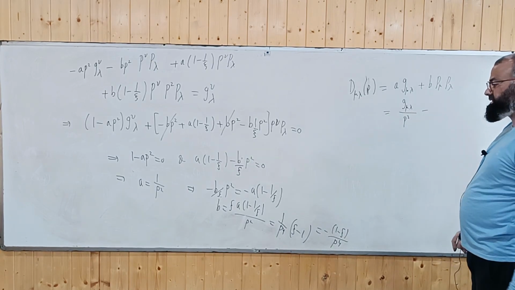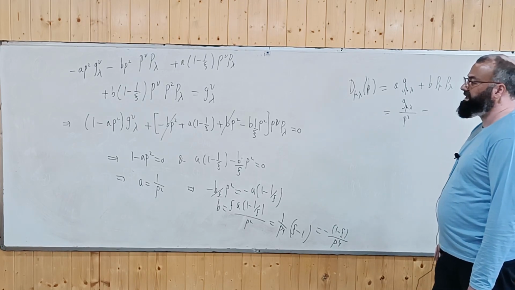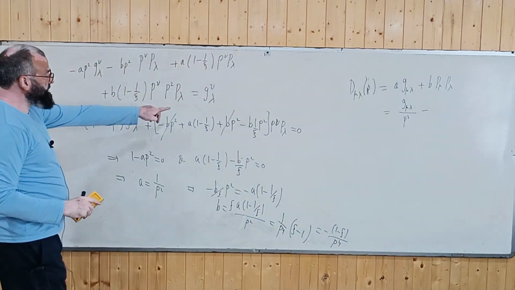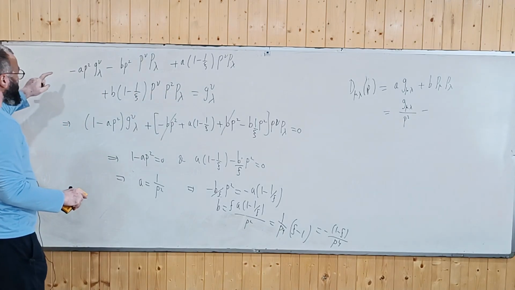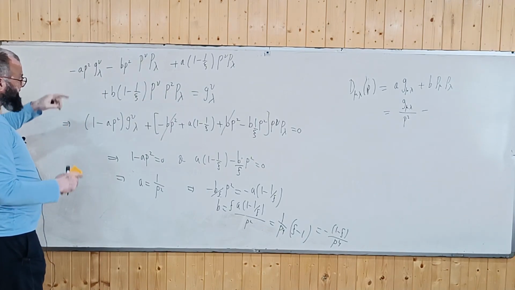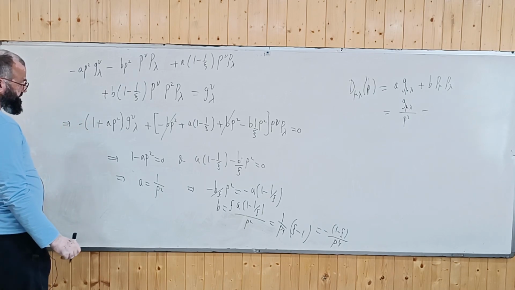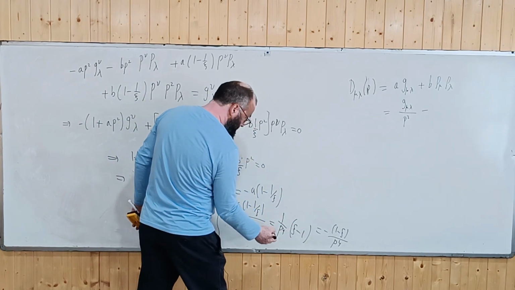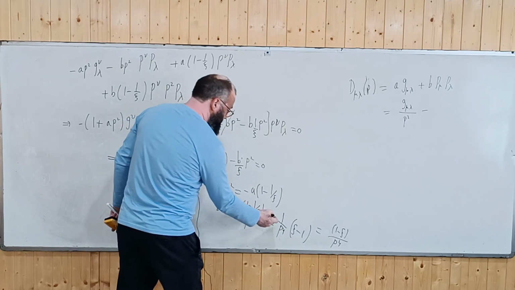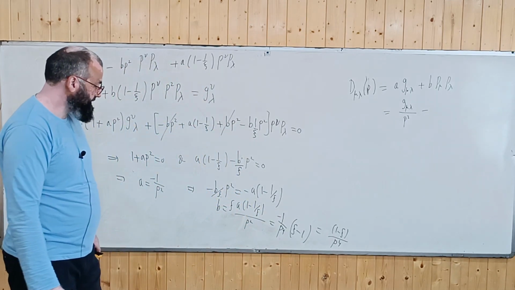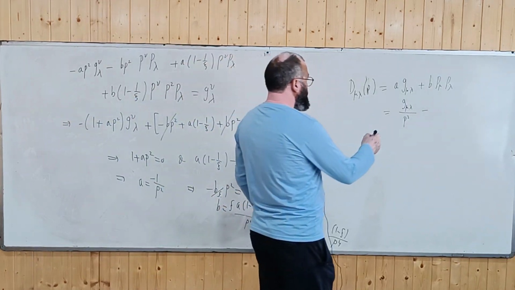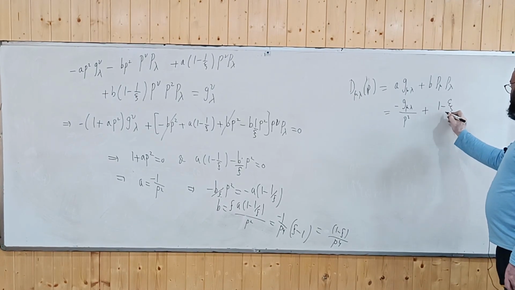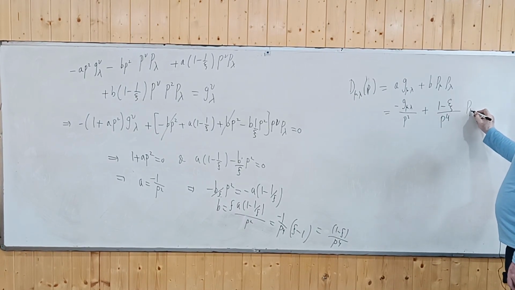Somewhere we are having a minus problem. Yes, when you take this g on that side, it will also give me a minus sign. When you take it here, it's a minus. So it's minus g mu lambda, and plus here. So A is minus 1 by p square, and B is plus 1 minus zeta by p raised to 4, p mu p lambda.